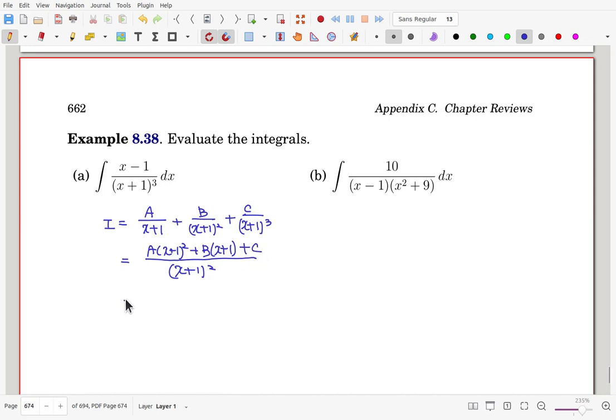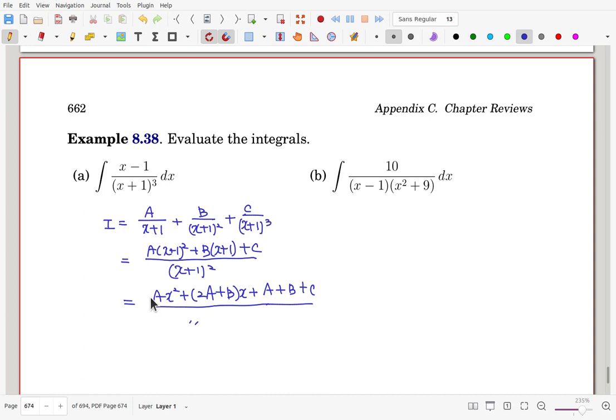So on the top, x squared has coefficient A. For the coefficients of x, from the first one 2A will come out, and from the second one we have B. For the constant term, we have A, then from the second one B, and from the last one C.